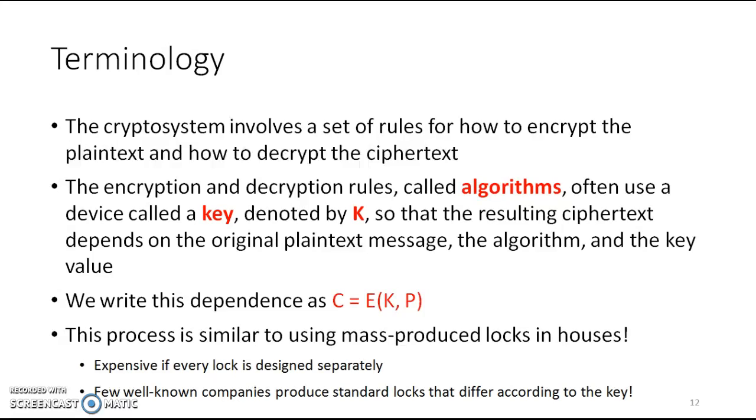The stronger the key, the stronger the algorithm, rule, process or engine. We write this dependence as C equal to E(K, P). What do we mean by this? C, the ciphertext, is equal to the encryption of plain text with the help of the key K.